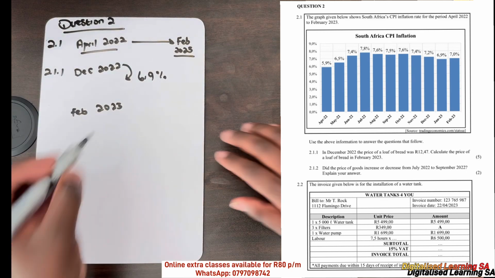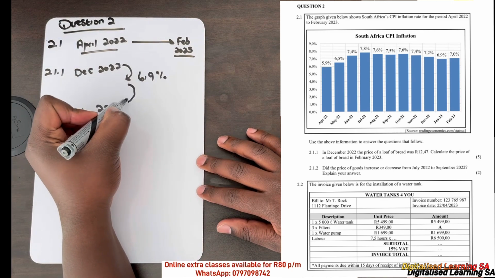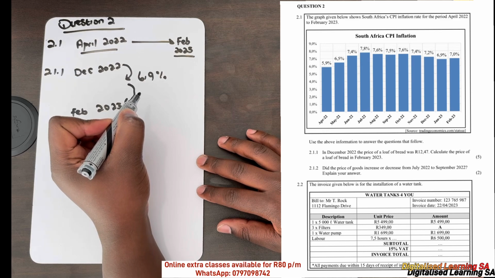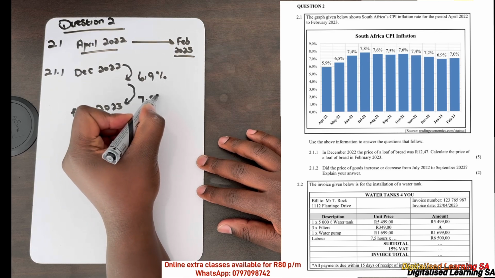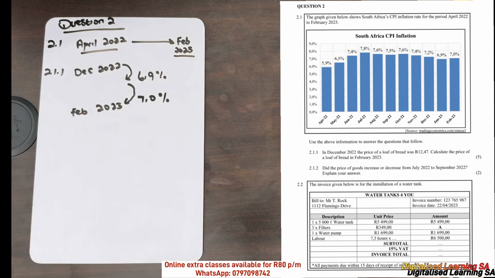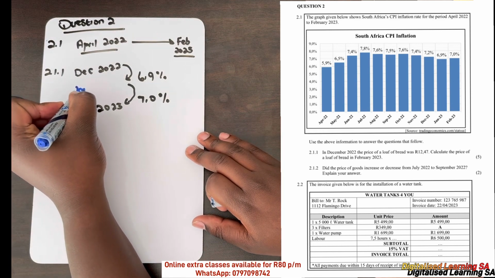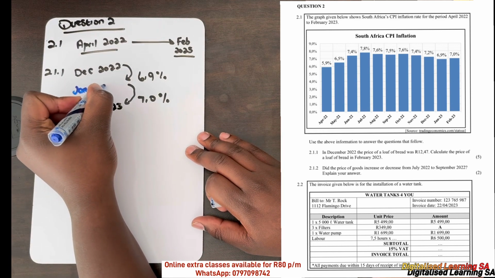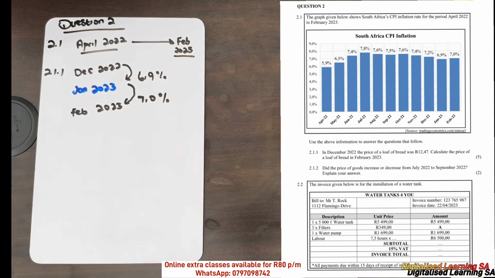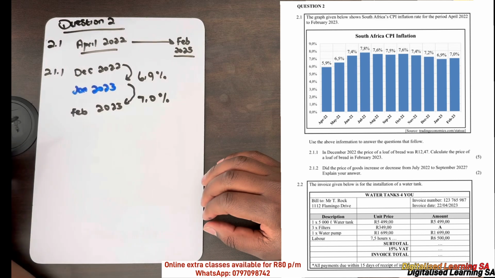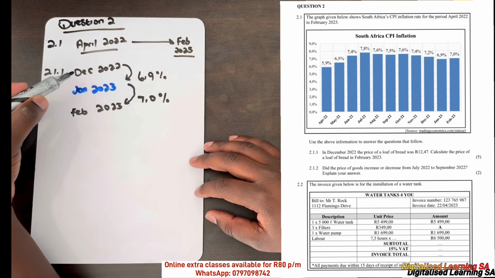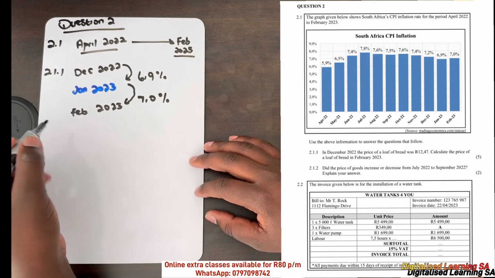Okay, and then from January to February the price increased by 7%. So meaning that we need to have January 2023. So we can't get to February before passing through January. So we need to find out how much the price was in January.